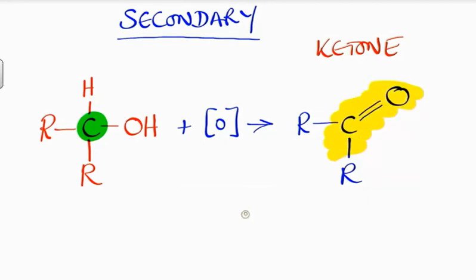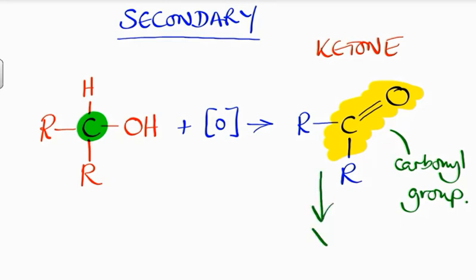So if you see a carbonyl group central to a chain, then we've probably got a ketone. Ketones can't be oxidized any further.